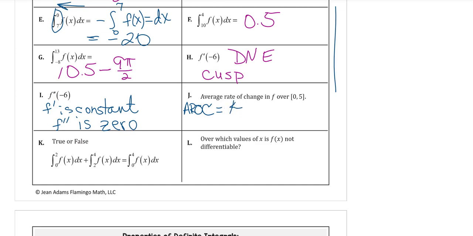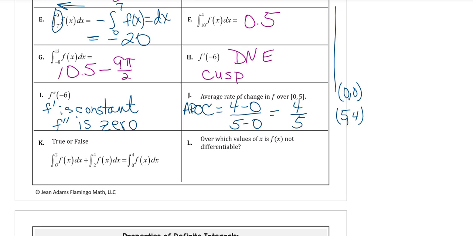Let me write those 2 points here. So at the origin, we're at 0, 0, and at 5, we're at a height of 4. So we're going to do 4 minus 0 over 5 minus 0. So we get 4/5.